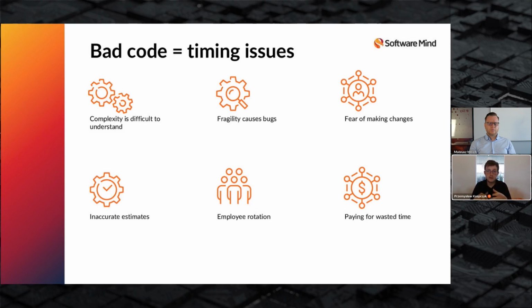We may also have employee rotation, because working with bad code is not really great for developers. People are getting frustrated, and rotation also causes problems because we are losing people that actually have experience with the system. We can replace them with other senior developers, but they will still have the same problem of getting into this particular system.